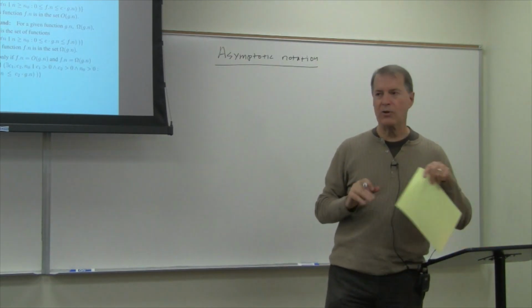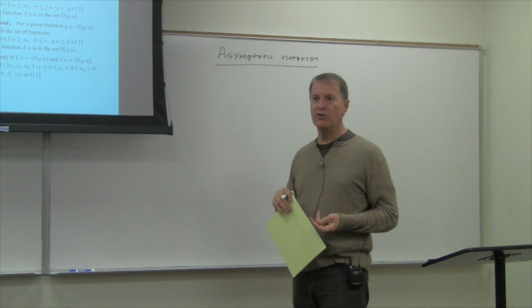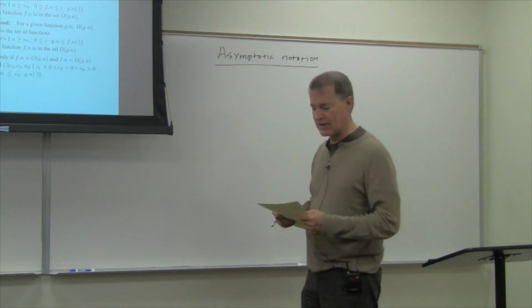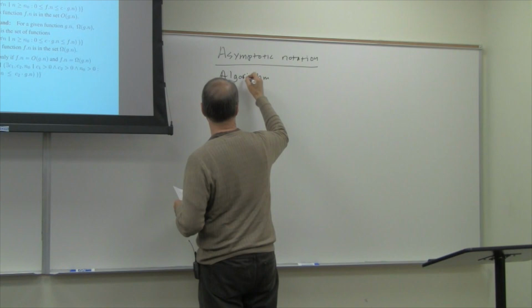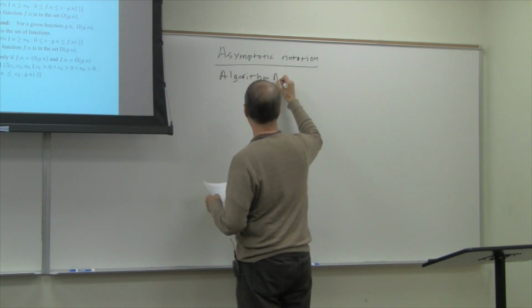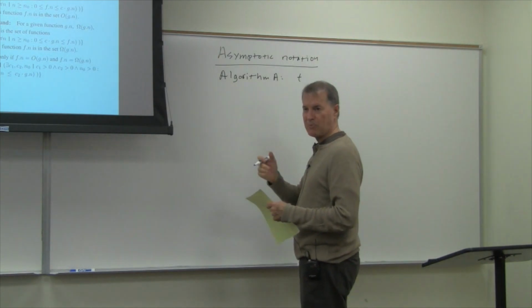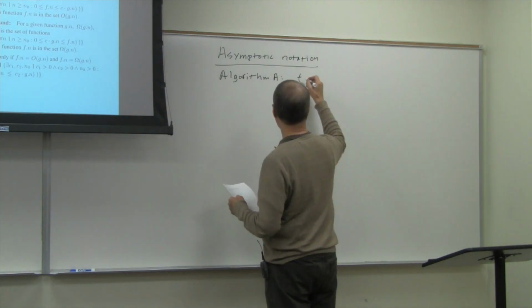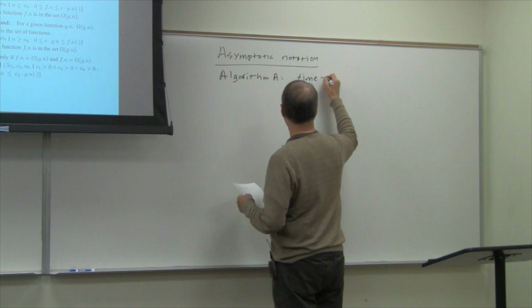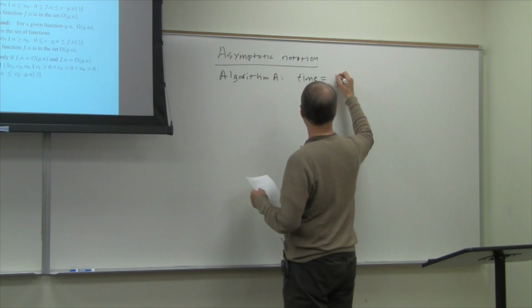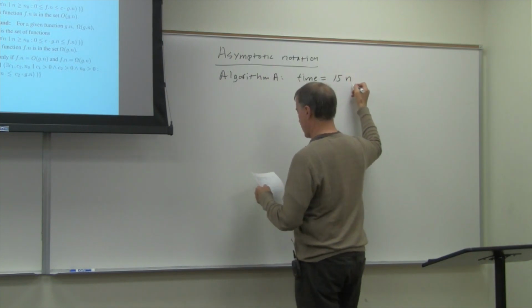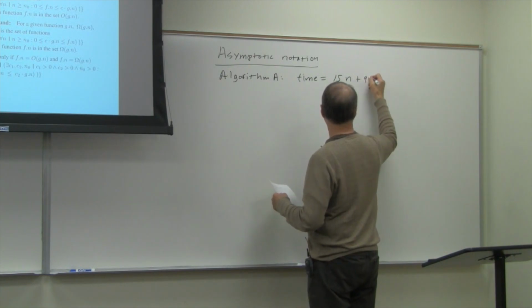Suppose that you write a program and you use one algorithm. Let's call it algorithm A. Suppose you run it with a stopwatch, and the time that it takes this program to run is 15n plus 93.